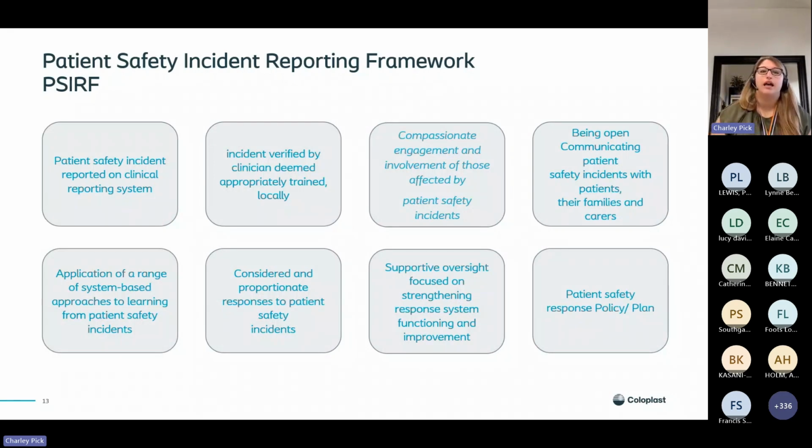It's not an investigation framework as such, because it advocates a coordinated and data-driven approach to patient safety incidents. It's more of a holistic framework, and personally I feel that this is the way to go, and this is being adopted by NHS trusts if it hasn't been adopted already.